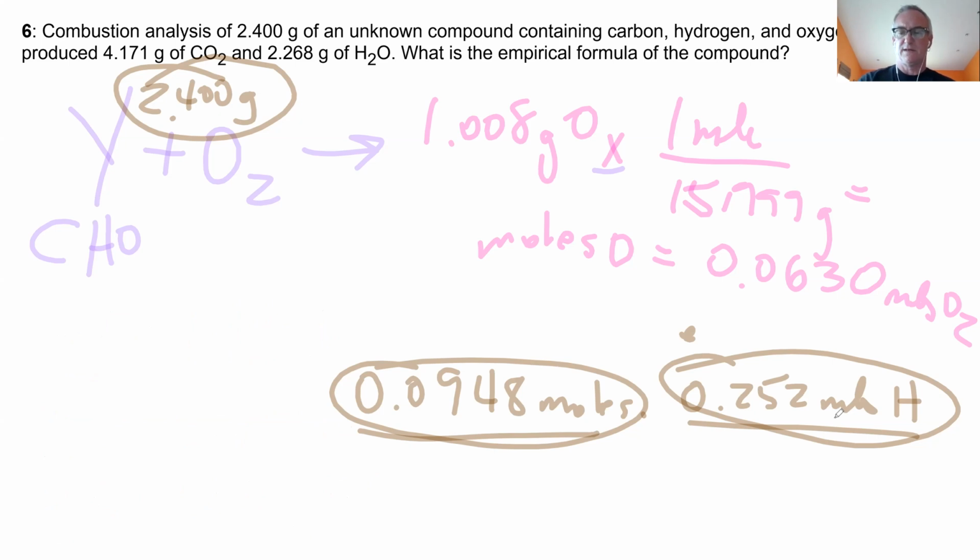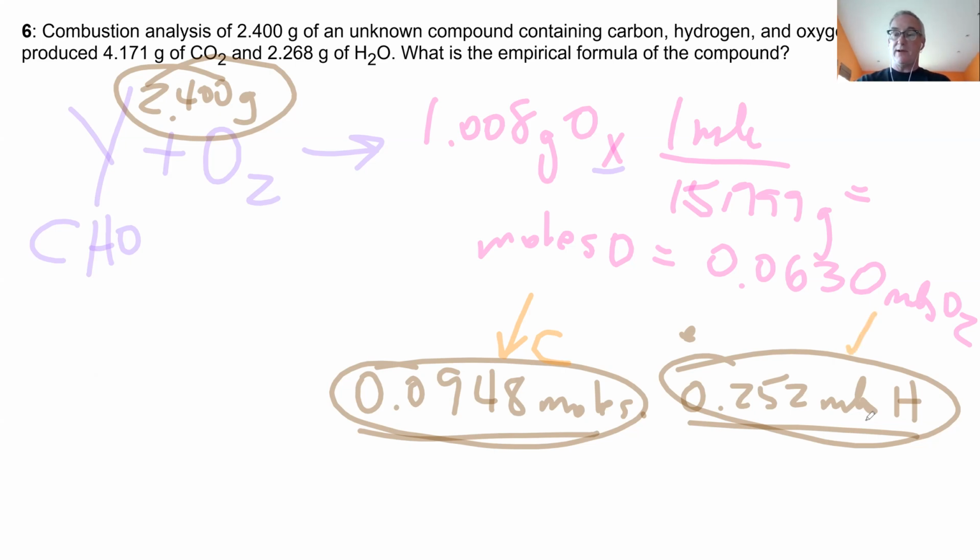Excuse me? Yes. How did we get 1.008 grams of oxygen again? Oh, because we figured out, let me write it down for you. That's how many moles of carbon we have. So if that's how many moles of carbon we have, we must have this mass of carbon.